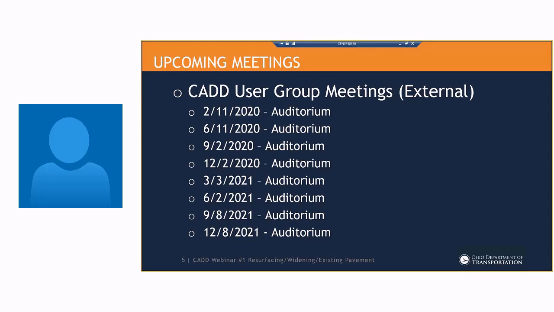I also wanted to mention we hold CAD user group meetings that are open to the consultant world. We hold it in the auditorium, and you are more than welcome to come. It's not just limited to consultants.